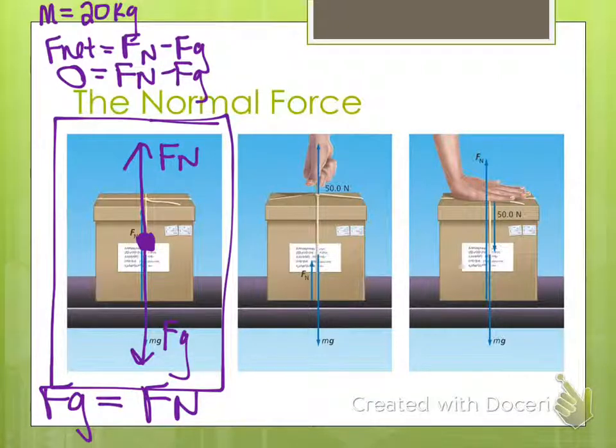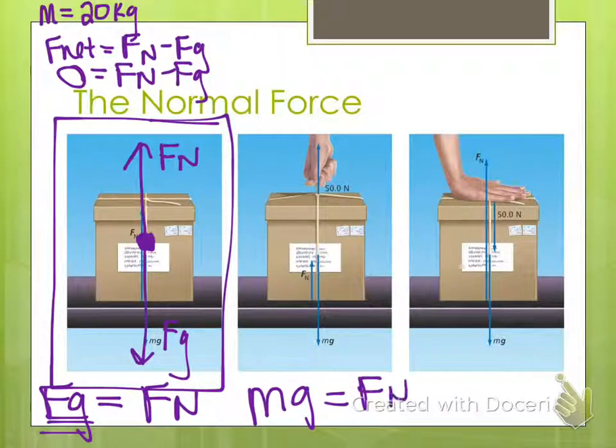So that's how we can go about solving for our normal force a lot of the time. If F sub g is equal to F sub n, what do we know about F sub g? Mass times gravity. So I'm going to take mass times gravity to equal my normal force.